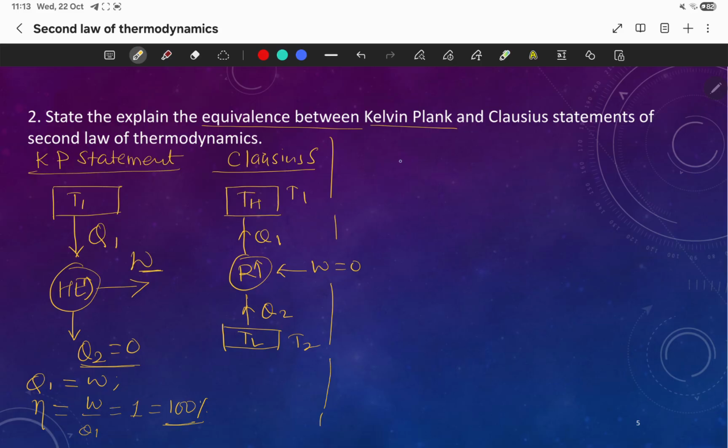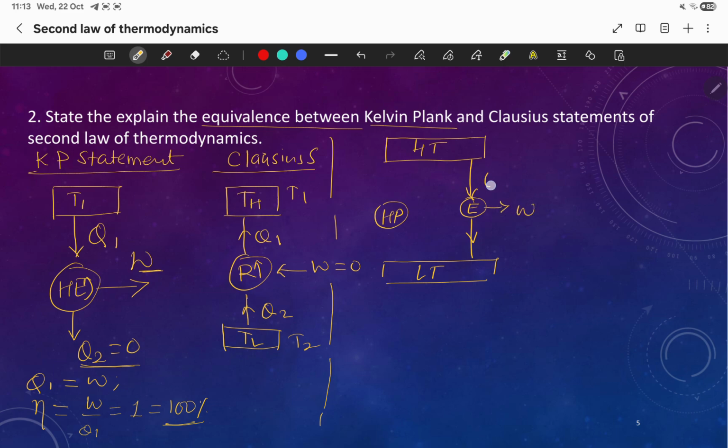What is this concept? So first make a cycle. This is at higher temperature, and here we have a heat pump, and here we have lower temperature, and here we have a heat engine which works from higher temperature to lower temperature, and it is producing work.